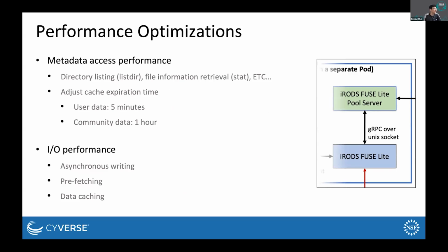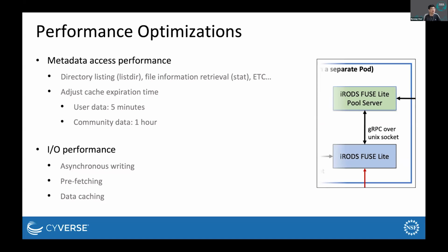We also applied some performance optimizations to improve user experience of the Discovery Environment. We observed that RStudio and JupyterLab keep checking files and directories in the working directory, so they repeatedly cause directory listing and file information retrieval calls. To respond quickly, we added metadata caching to the iRODS Fuse Lite pool server.